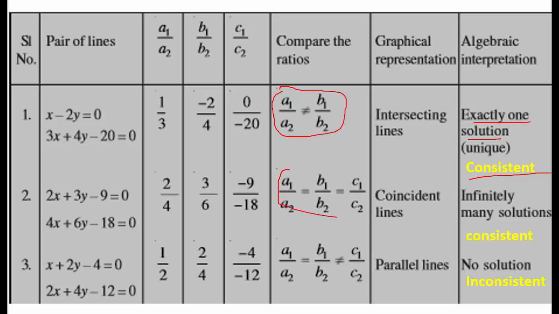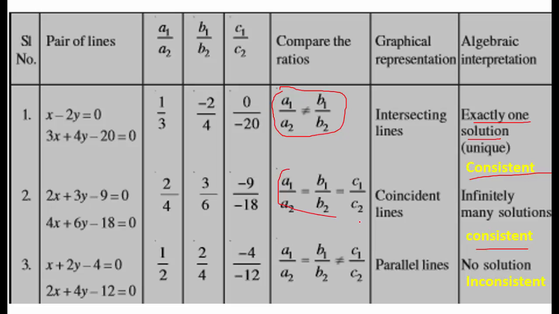Coincident lines means the two lines coincide with each other, they overlap on top of each other. And you know that there are infinitely many points which satisfy both the equations. So it has infinitely many solutions, and again, if it has a solution, then it is consistent.